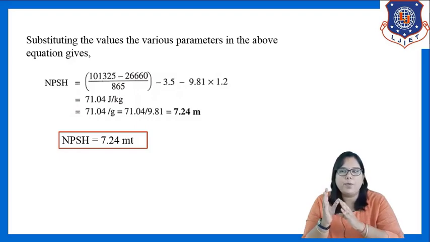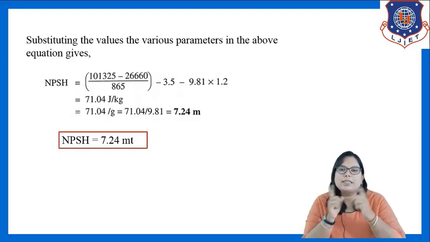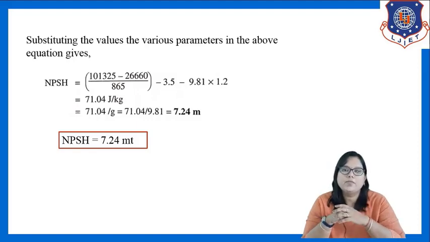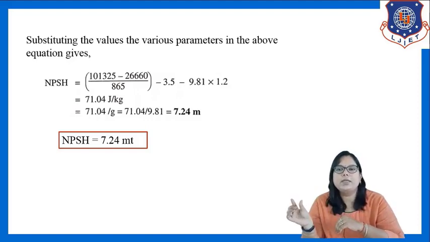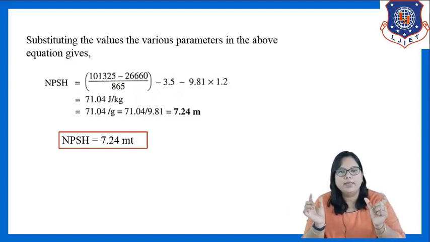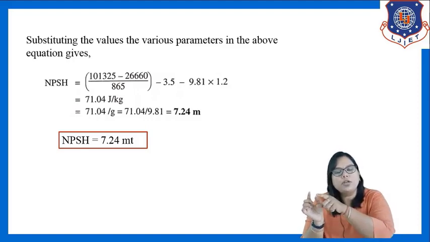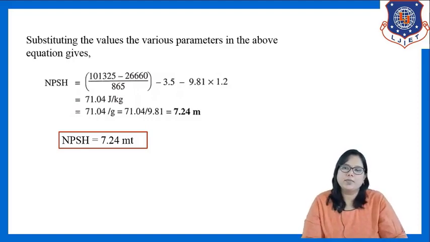I think you got the point how to convert this energy per unit mass into head. We have already seen this in case of Bernoulli's equation. And that's what I have done here.